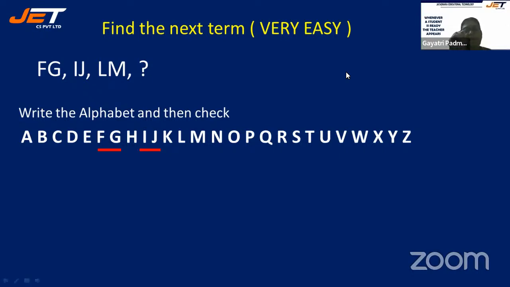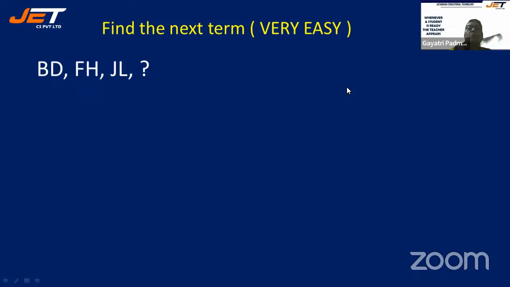And after that we have IJ, and after that one letter is left, and then we have LM. So what should be the next one? You have to leave one letter, and then write the next one. After leaving one letter N, it is OP. So your answer is OP. All right, students. I'm sure you would have understood this pattern. With this, let's move on to the next question.